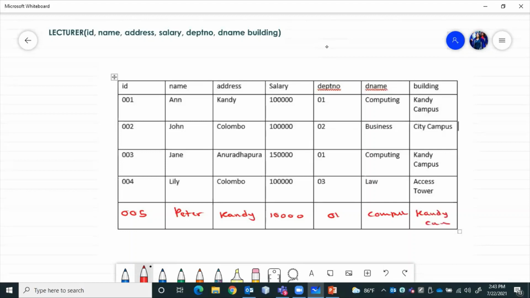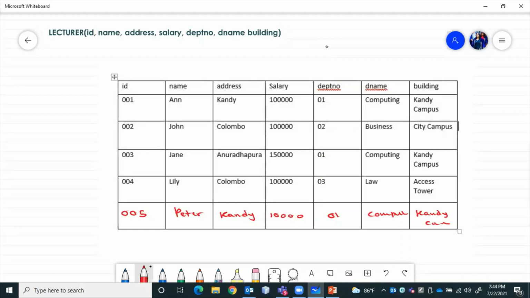So we got an anomaly now. What is the anomaly? The same data, department number 01, department name computing, building Candy Campus, is repeating again and again. That is data redundancy. Even Anne is working under the computing department, and Jane is also working under the computing department, and this Peter is also working under the computing department.